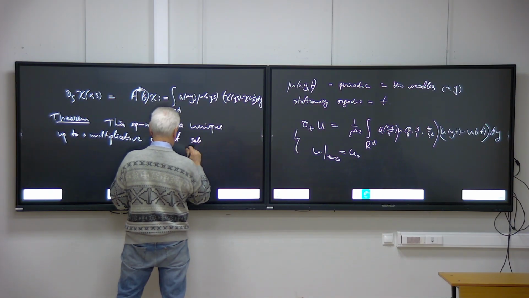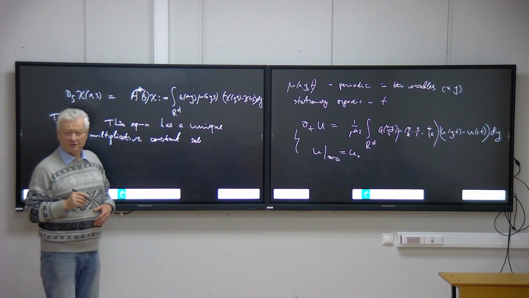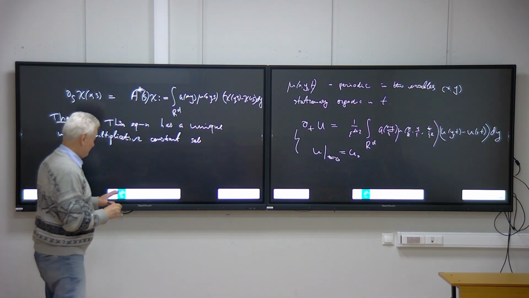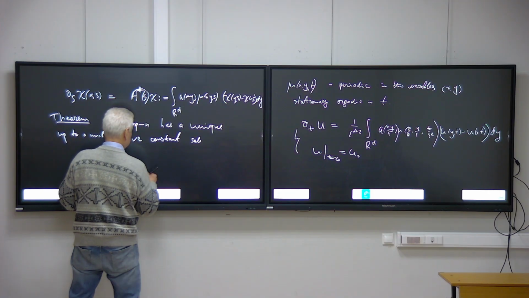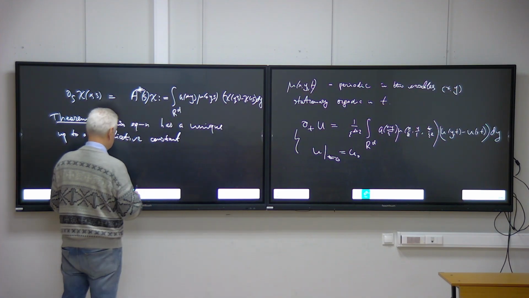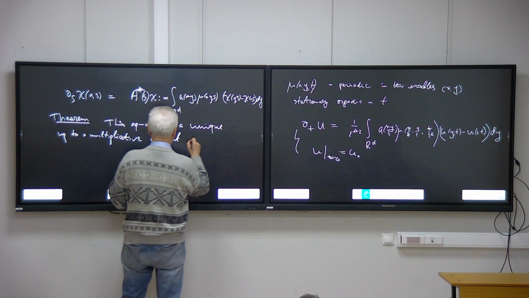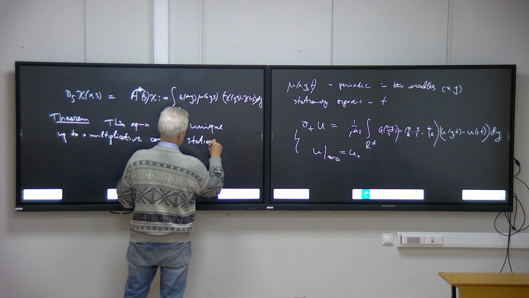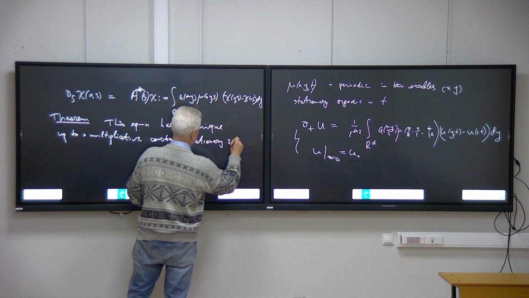Now we do not assume any symmetry of A and mu. No symmetry. Stationary solution.